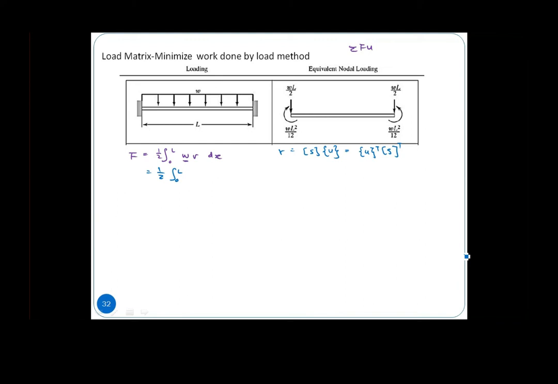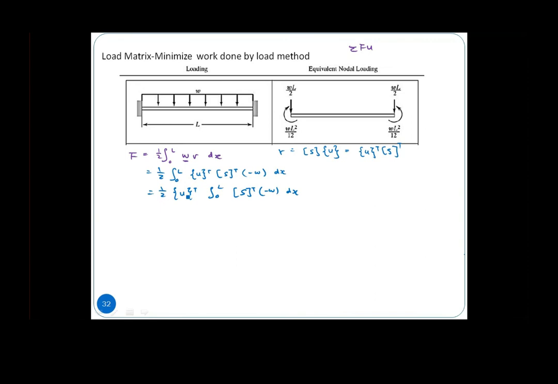So if I have this, then I have the integral 0 to L, then this is my U transpose, then I have this S transpose multiplied with a negative W coming down dx. If you still remember, 1 over 2 U transpose, integral 0 to L, then we have this S transpose negative W dx, right?